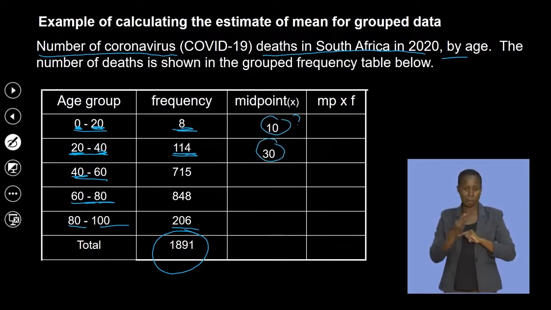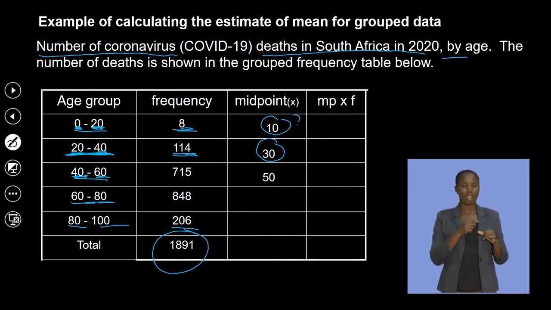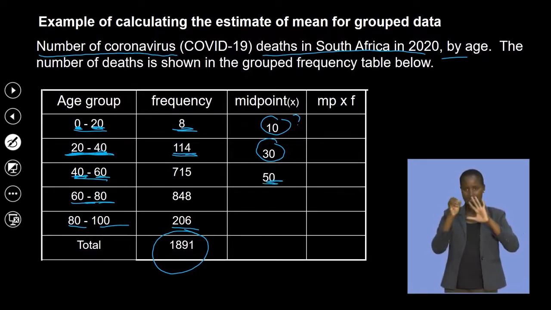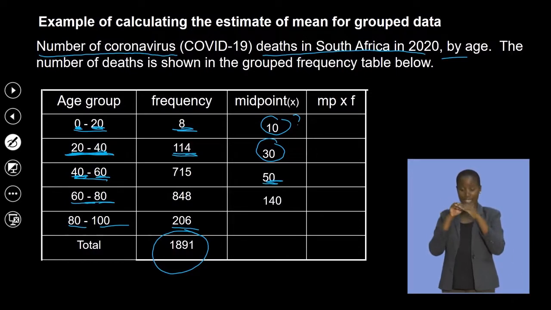That's the midpoint for this interval. And for the next interval, 40 plus 60, which is 100, divided by 2, we get 50. 60 plus 80 divided by 2, you get 70. And 80 plus 100 divided by 2, we get 90.